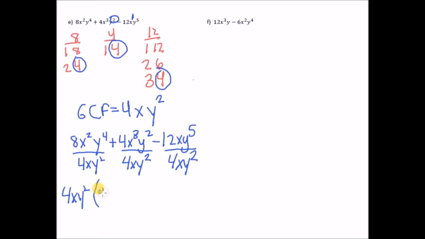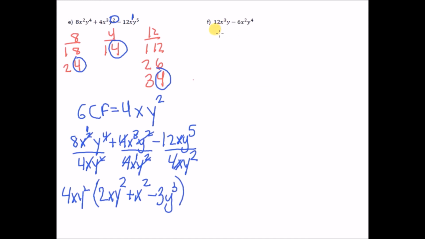So 8 divided by 4 is 2. The x squared cancels with the x and leaves 1x. The 4 and the 2 cancel and it leaves y squared on top. Okay, so remember exponent laws, when we divide, we just subtract the exponents. Okay, 4 divided by 4 is just 1. x cubed over x to the 1 is just x squared. And these y squareds cancel out. Okay, negative 12 over 4, we get negative 3. The x's cancel and the y's go to y cubed. And that's how we factor that.